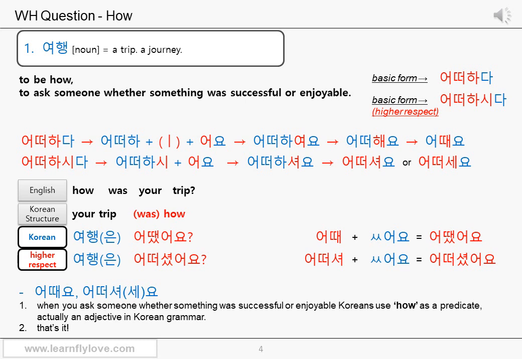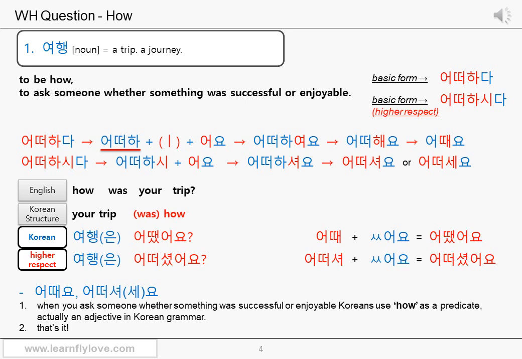It looks like the stem of the word 어떠하다 is 어떠하. The last letter of the stem is 하. So we're supposed to add 아요 sound. Wait a minute, this predicate ends in 하다. We just learned how this 하다 sound becomes 해요 when it combines with the 요, right?